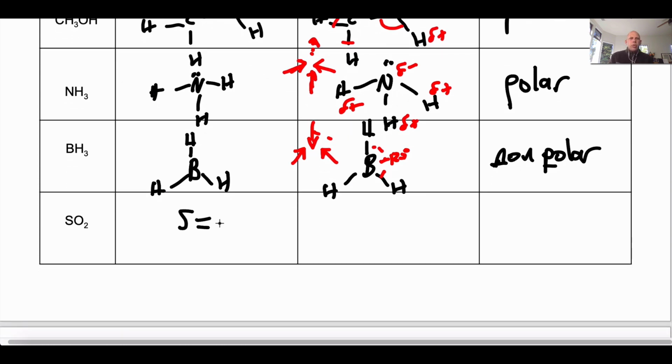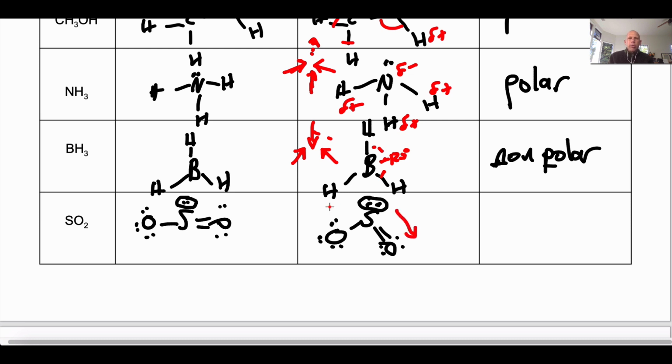SO2. Now drawing it to the correct shape, we know that these lone pairs bend it. So it pushes it down. O is higher up on the periodic table than S, so O is going to pull harder.